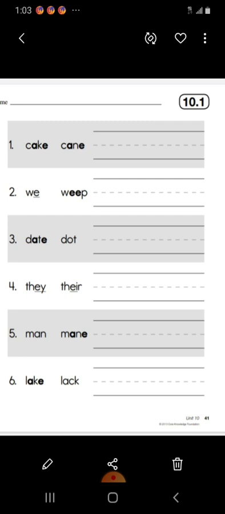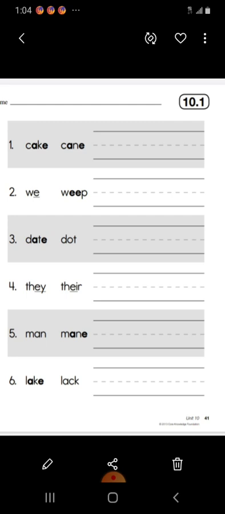In number 1, we have 2 words with A sound: cake and cane. Well, I know you all know cake. Cake is made from flour that we eat on birthdays and ceremonies. Another word here is cane.